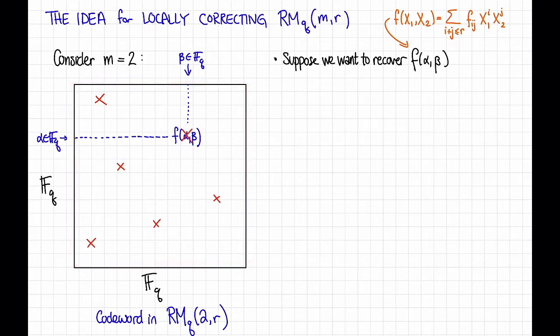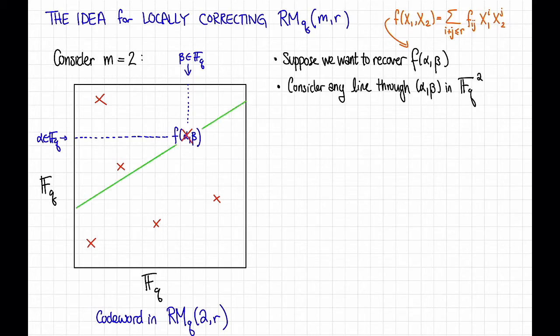To do this, let's consider any line that goes through this point. Maybe it looks like this. Here I've drawn this line as kind of wrapping around this square because we're over a finite field. Formally, we can parameterize such a line like this.